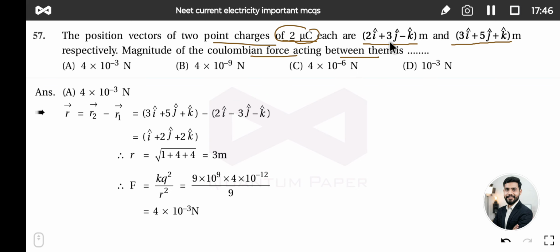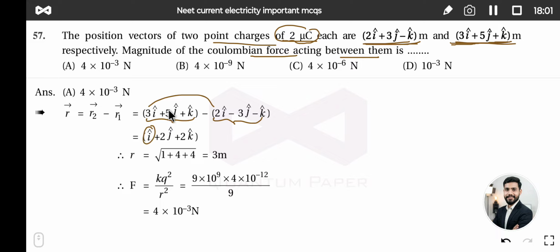First of all, we have to find out the distance properly. The vector form is given, so we subtract to find the net distance, the second minus the first. So 3 minus 2 is 1 i cap, then 5 minus 3 will be 2j cap, and for k, minus of minus is plus 2k cap.